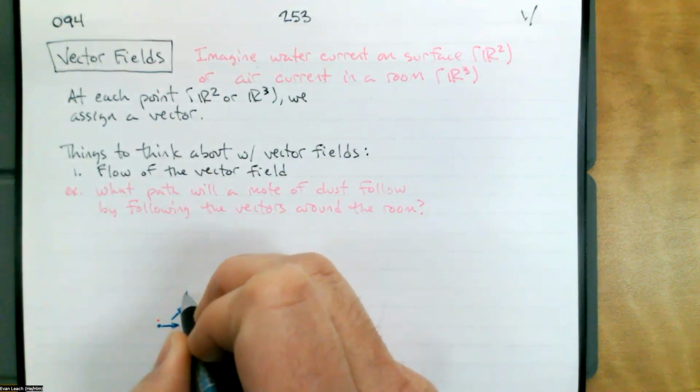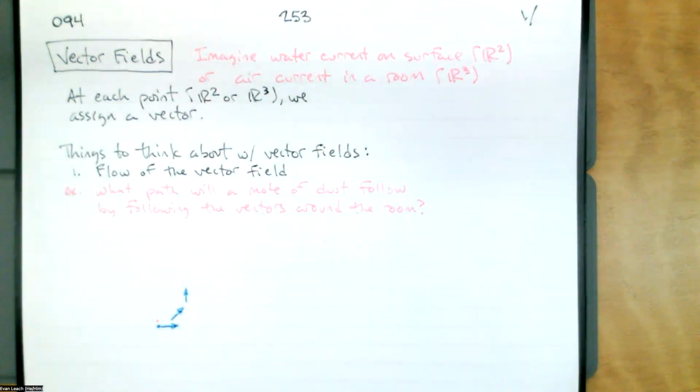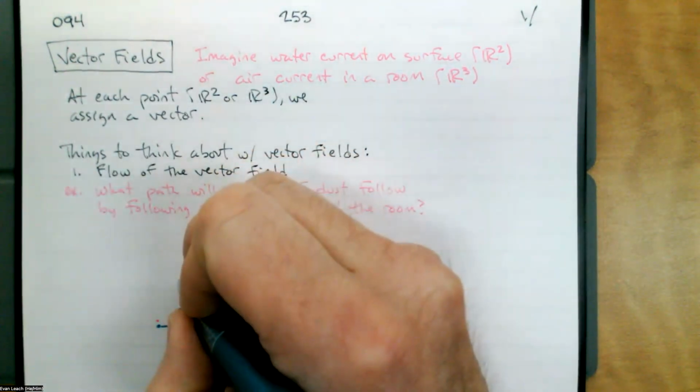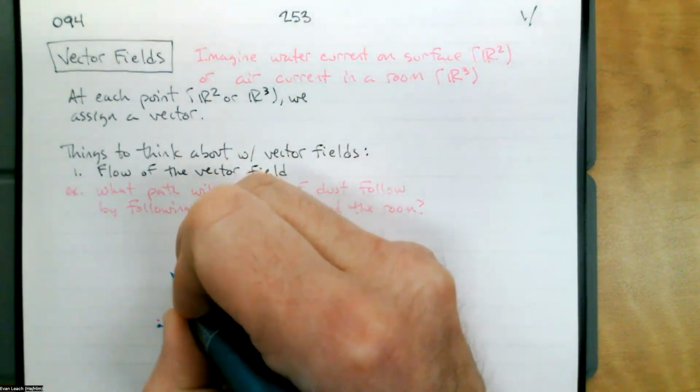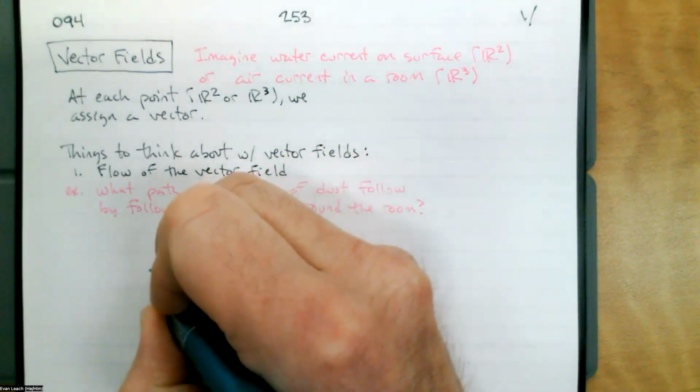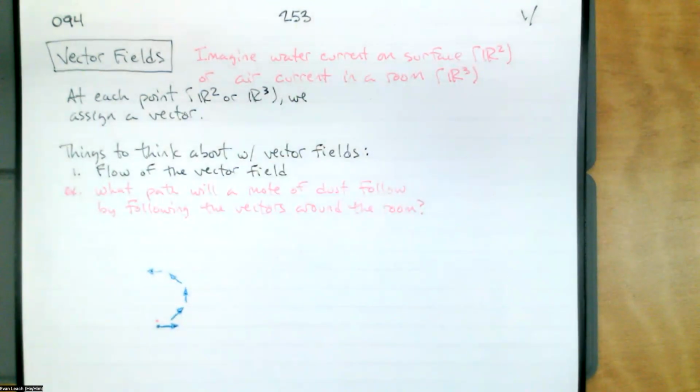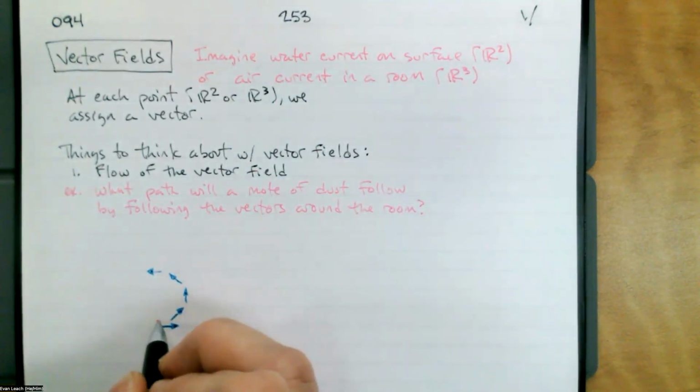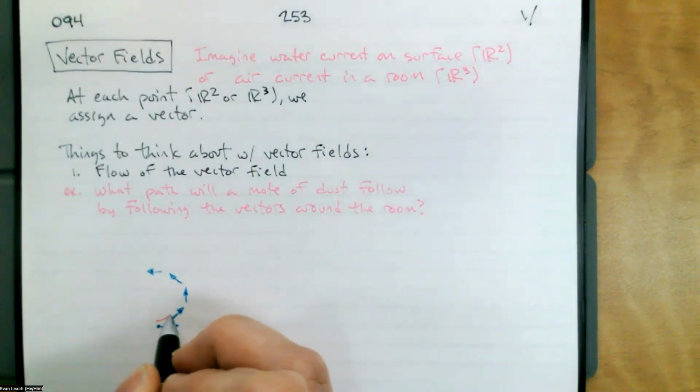And then here, when we get to that point, you see the vector field is pointing directly up. And then over here, the vector field is pointing backwards a little bit because we've got this little eddy current. And so we can imagine if this is the vector field, the vectors that we run into, then this speck of dust would follow this kind of semicircular path.